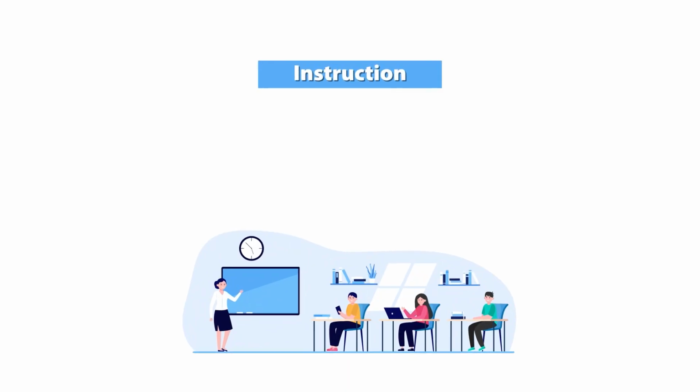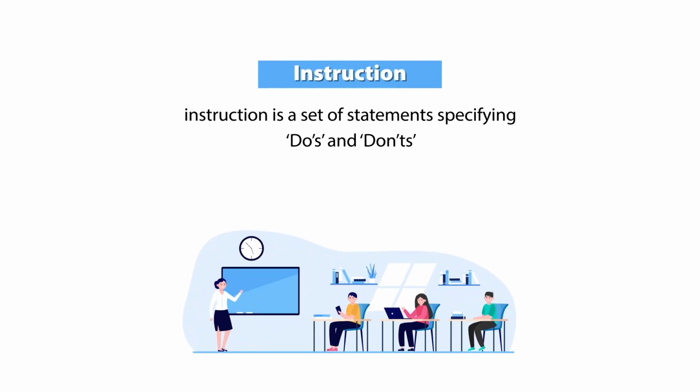There are two words in this. One is instruction and another is design. Simple. I'm sure all of you know the meanings of instruction and design. In instruction, in simple meaning, if we say, is a statement or a set of statements or do's and don'ts.